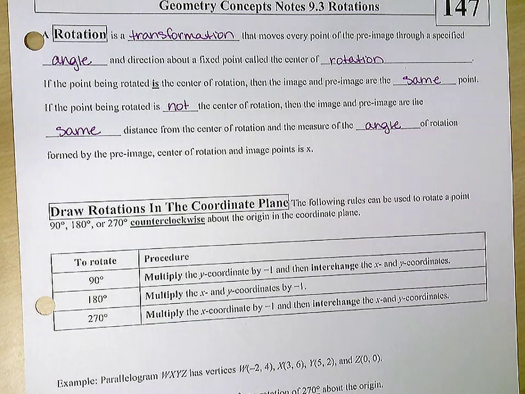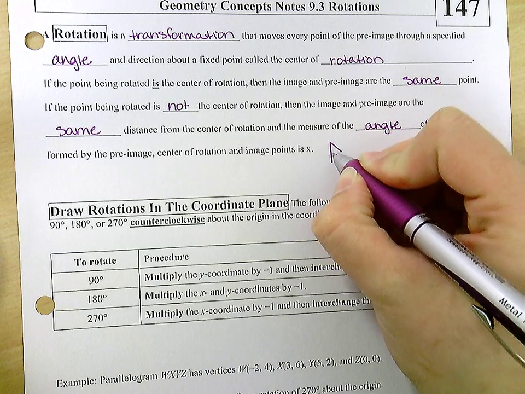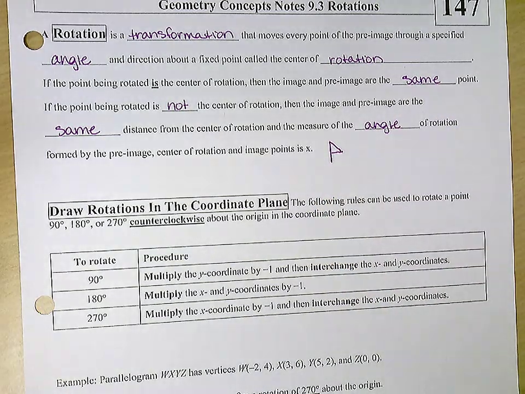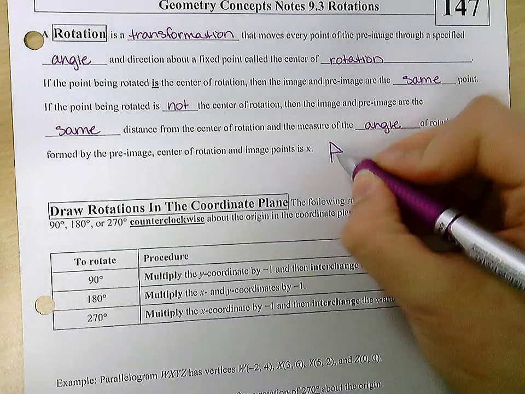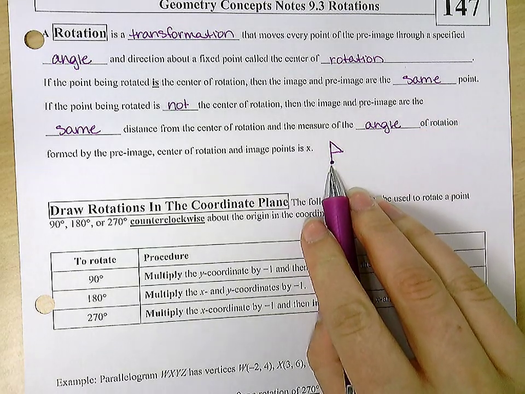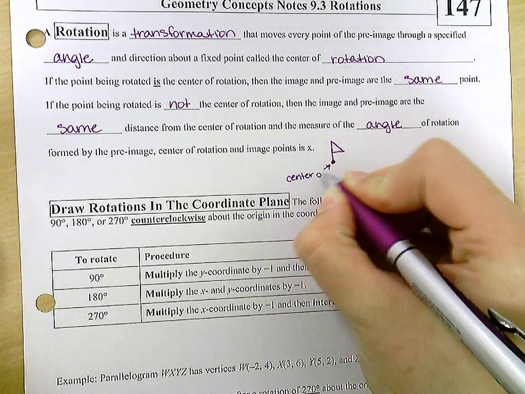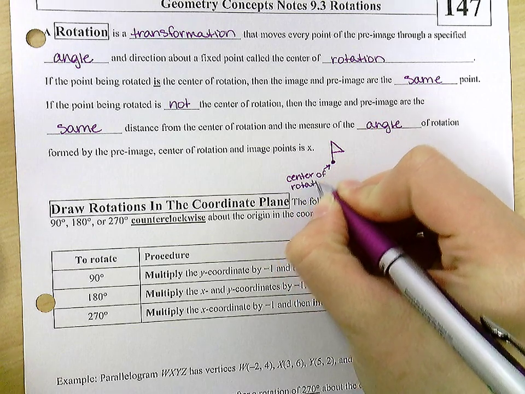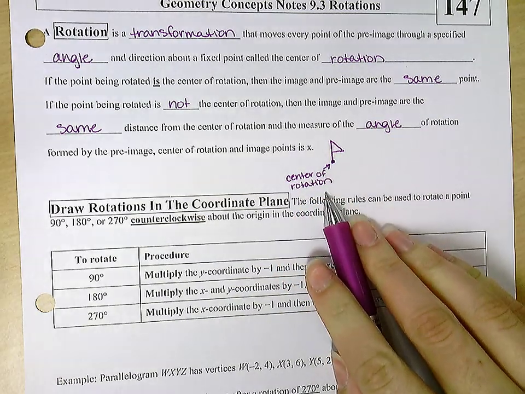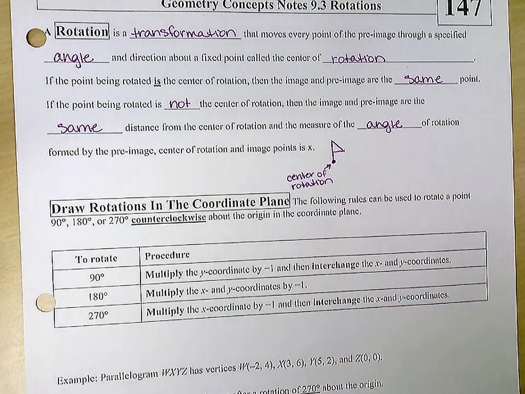So I'm going to show you an example of a rotation. Here I'm going to take a figure. This is my pre-image. I'm going to rotate this around a center of rotation, and that's the point right here that I'm picking. This point is going to be your center of rotation.